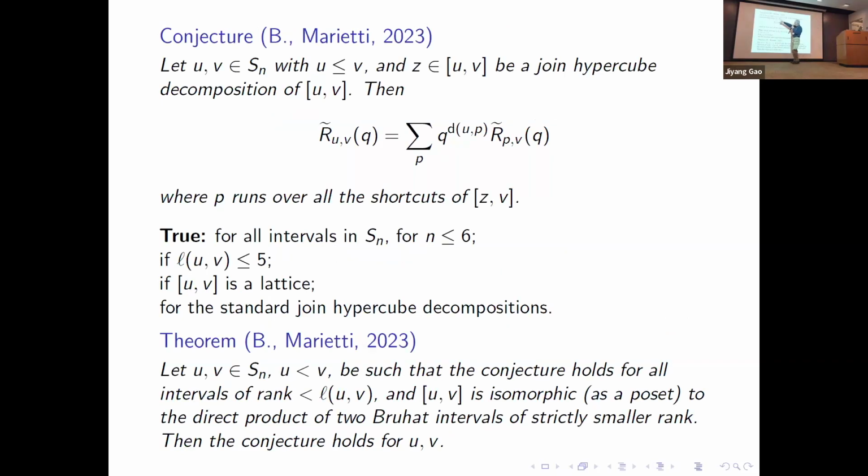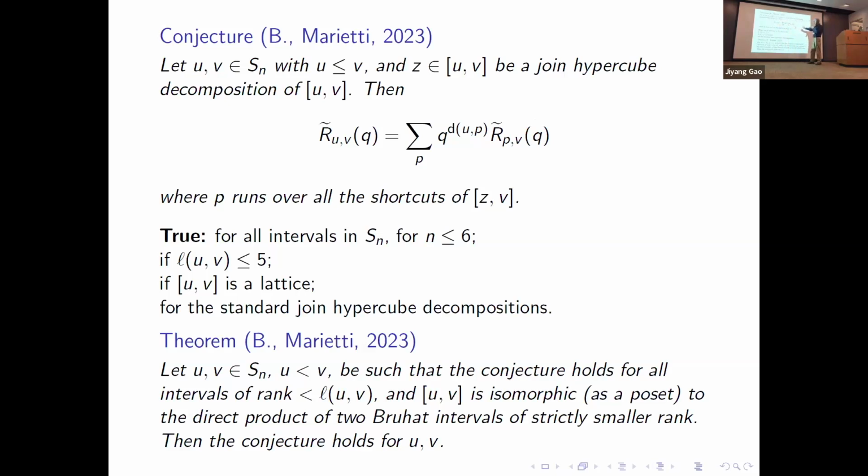Take two permutations in S_n, U less than or equal to V. Take a Z between U and V that is a joint hypercube decomposition. Then the R tilde polynomial, which is a very simple renormalization of the R polynomial, is supposed to be equal to the sum over all shortcuts P of q to the distance between U and P, distance in the Bruhat directed graph, times R tilde of P.